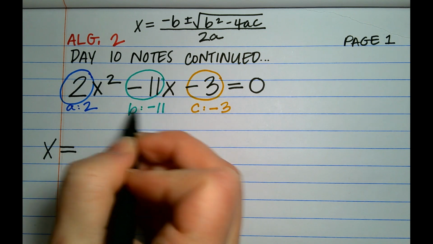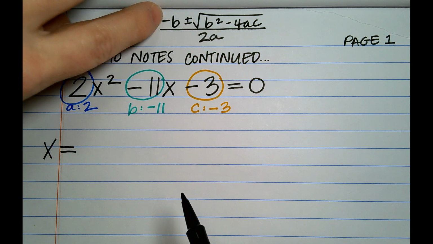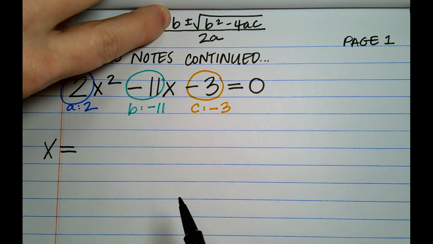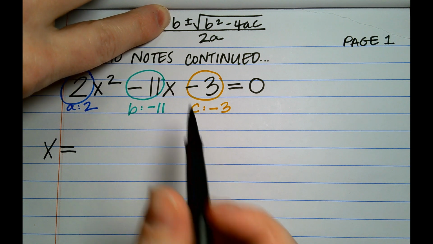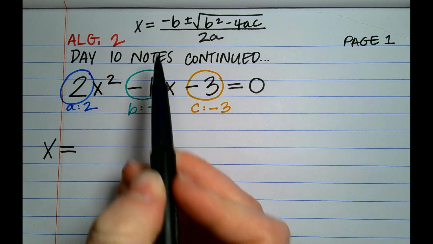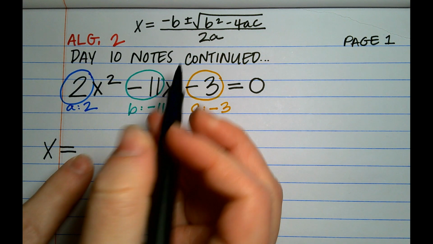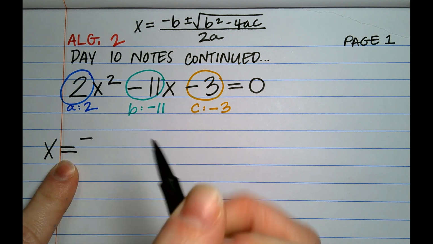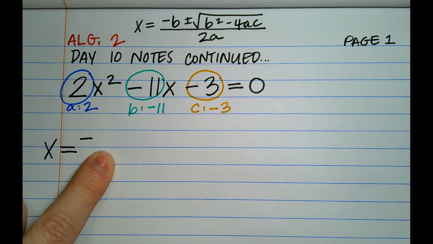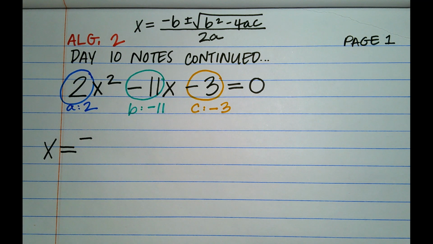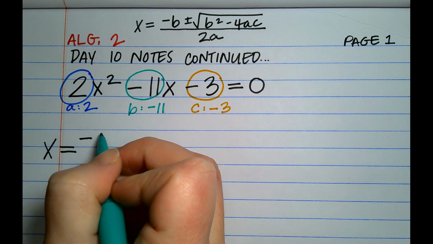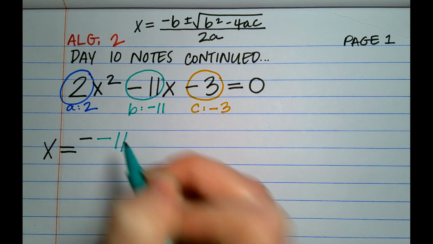Now negative 11 is b. If it just said b plus or minus the square root, then we would write negative 11. We're going to start with negative, and now what's b? Negative 11. So we have negative, and then b is negative 11.